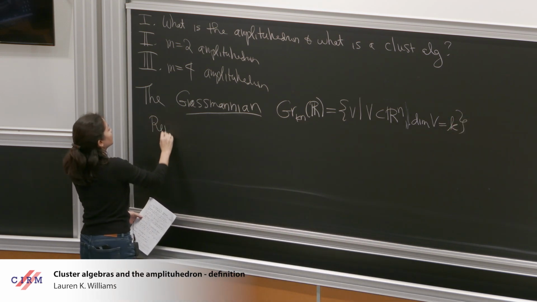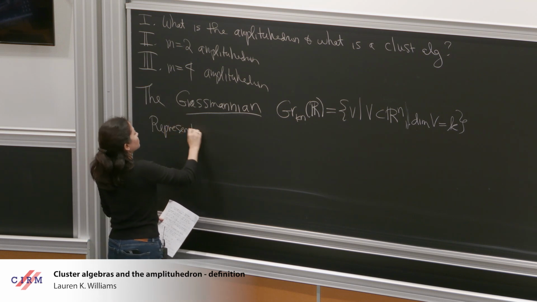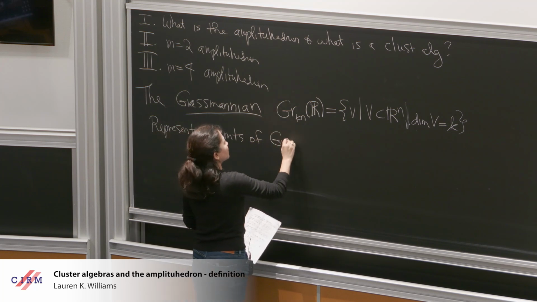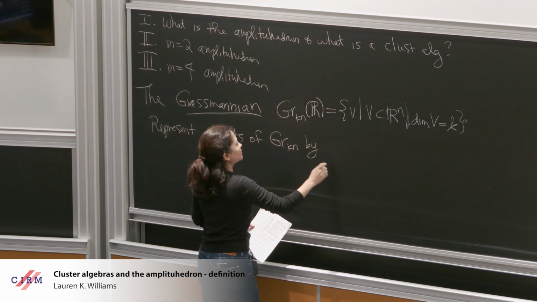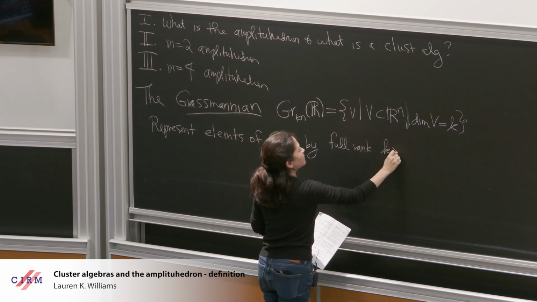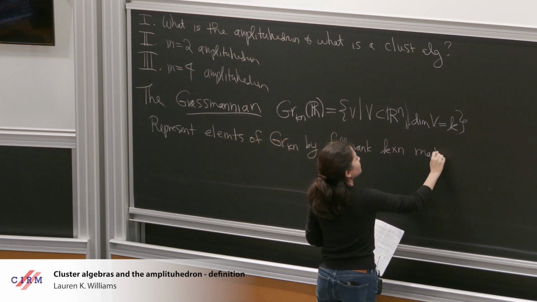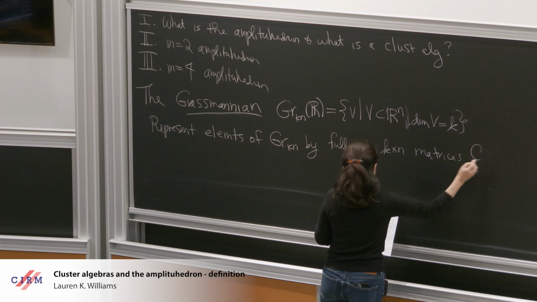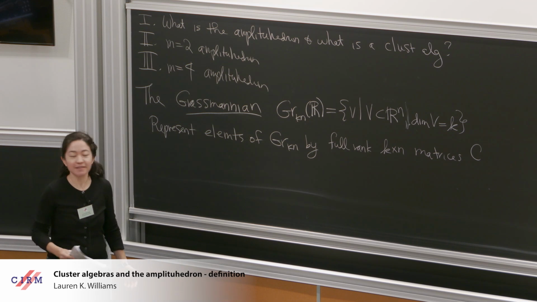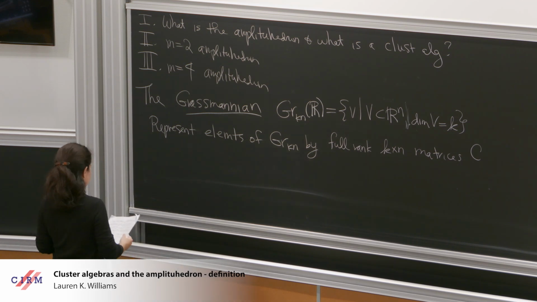And we will represent elements of the Grassmannian by full rank k by n matrices C. And then the row span of such a matrix represents a subspace.